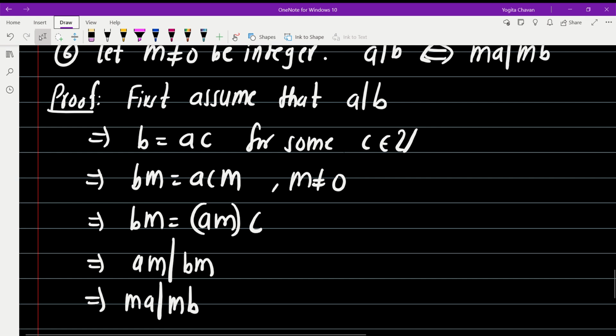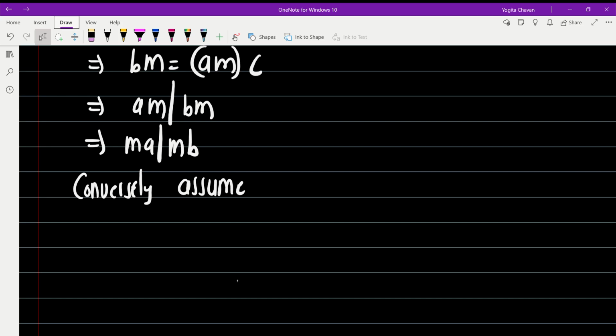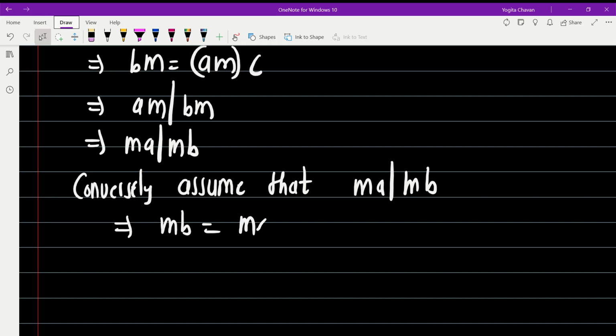If a divides b, then ma divides mb. Now conversely assume that this ma divides mb. This implies by definition of divisibility, mb can be written as ma into some integer k, where k is some integer.